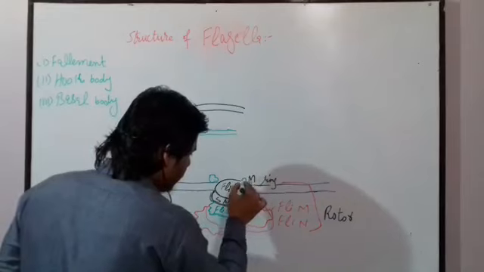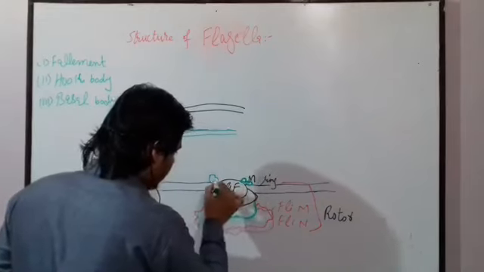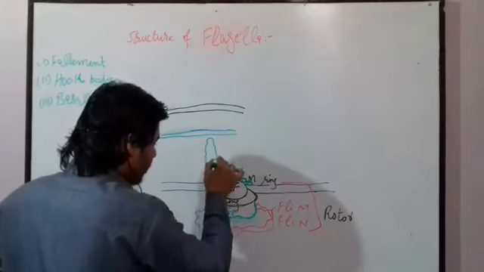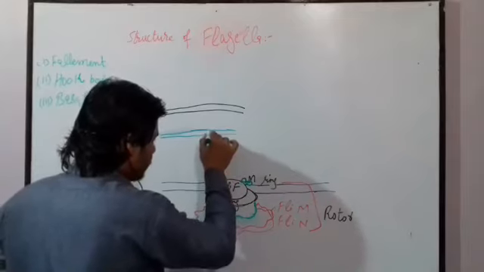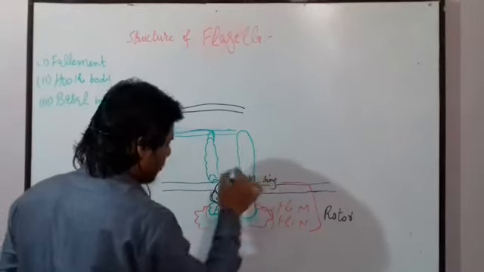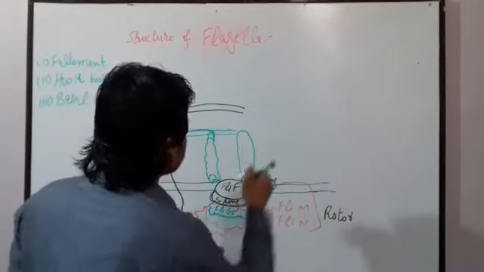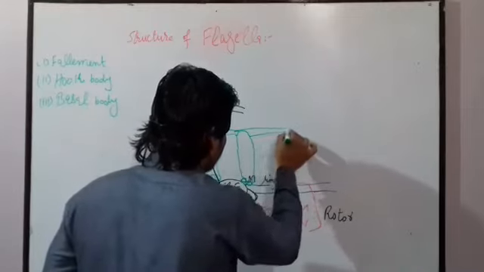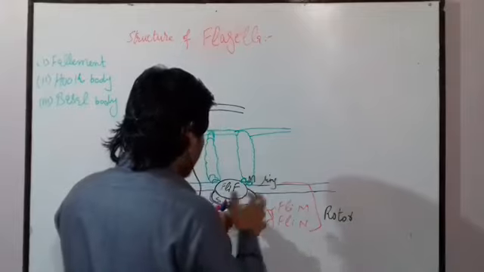So this green portion, as I'm drawing, is the first portion, which is made up of the first protein, and this is the second portion.